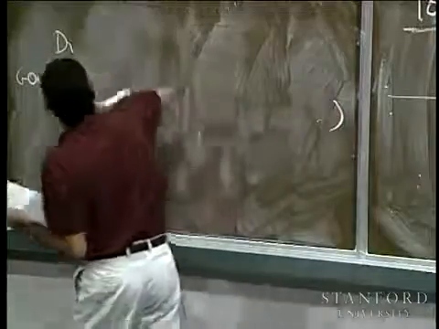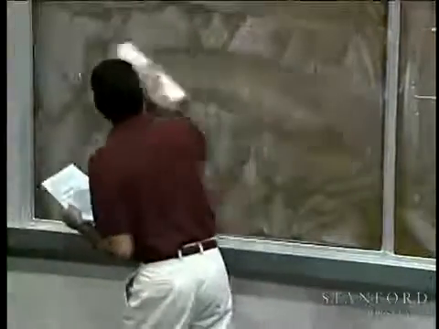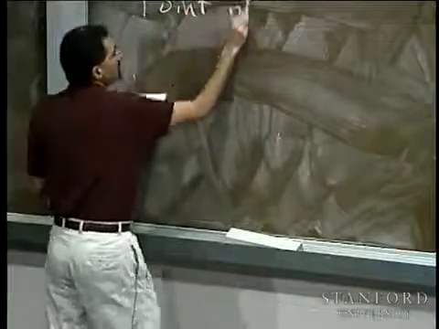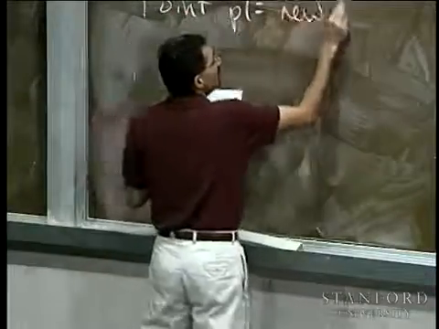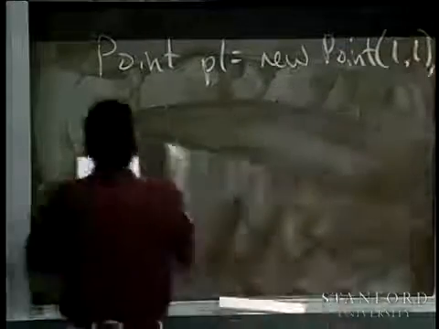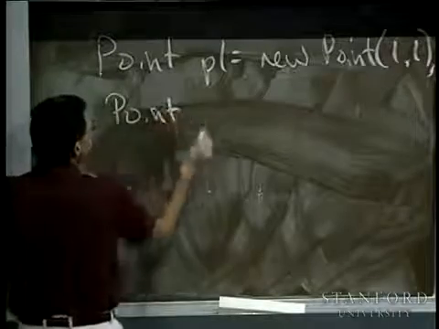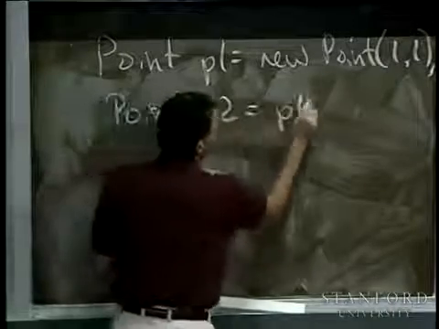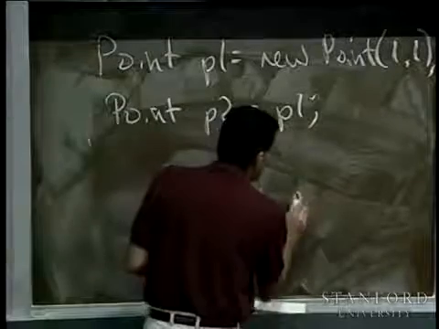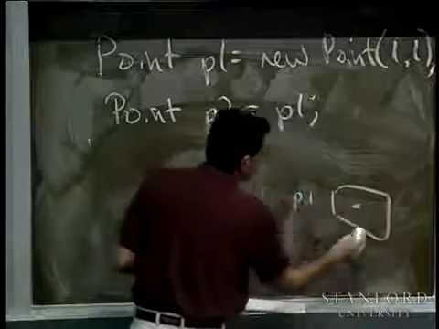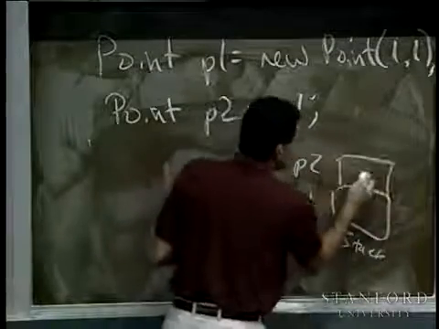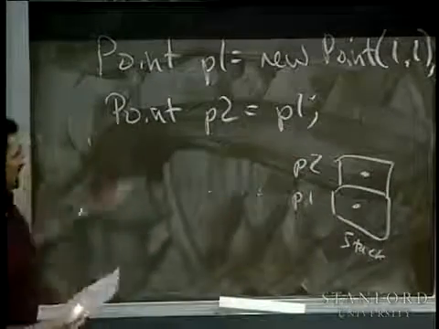So I just want to show you one thing very quickly. If we have Point p1 equals new Point(1, 1), and then some Point p2 that equals p1, what's really going on in the computer's memory is that p1 is just some address on the stack, and p2 is also just some location that's going to be an address because it's just an object.